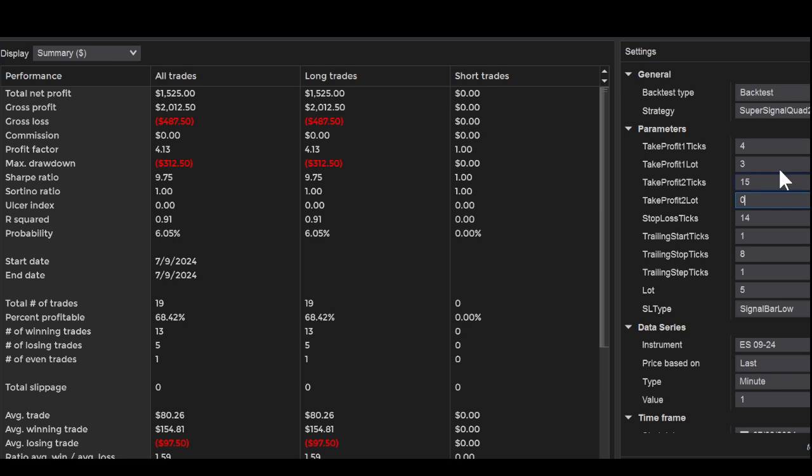So if you get an explosive move higher, you won't get taken out. Sometimes I'll put a 0 down here. How many contracts? 5. First target 1 point, 3 come out. That means 2 is left on, and the 2 will be controlled by this trailing stop, which is 8 ticks.